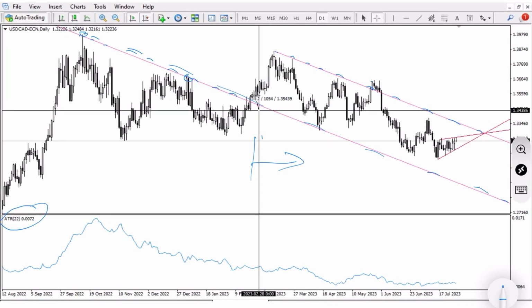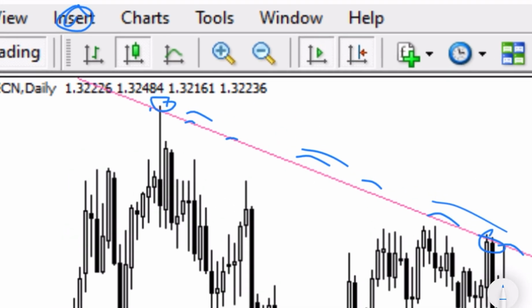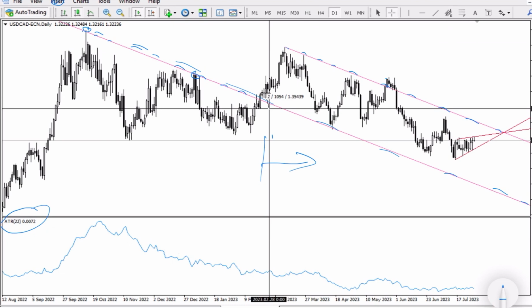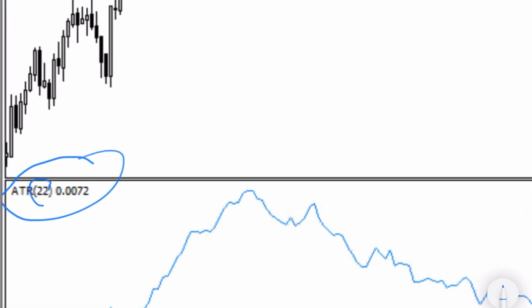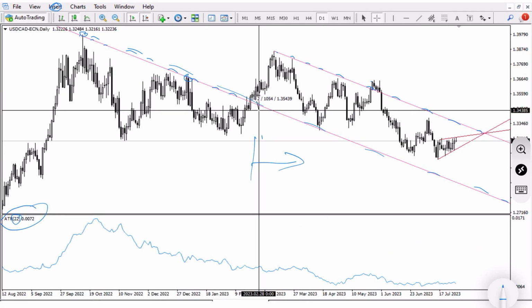I have used the average true range indicator to calculate the average size of a candle. If you simply go to Insert here in the upper left corner, then Indicators, Oscillator, you can plot Average True Range. I have used a 22 period because I'm taking almost all working days in a month for the average calculation.